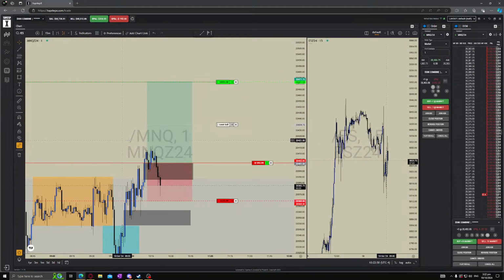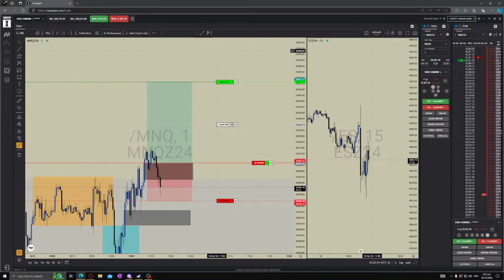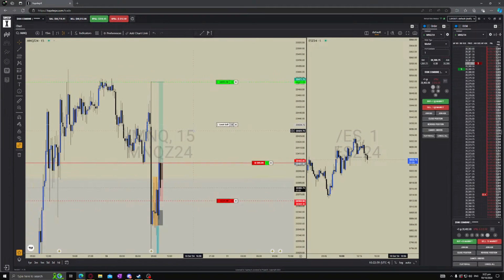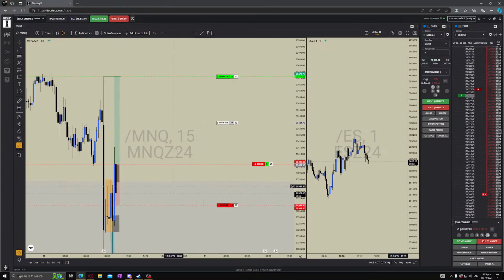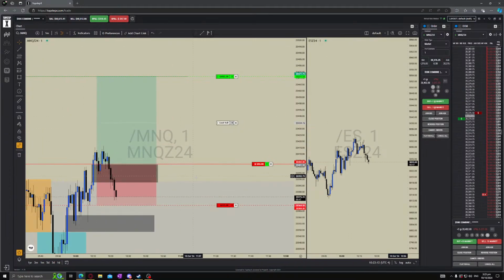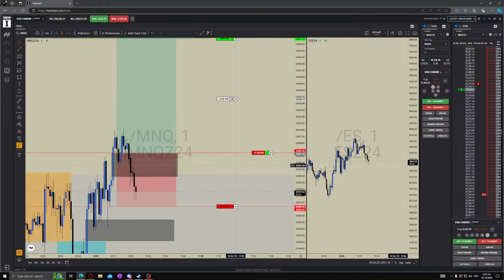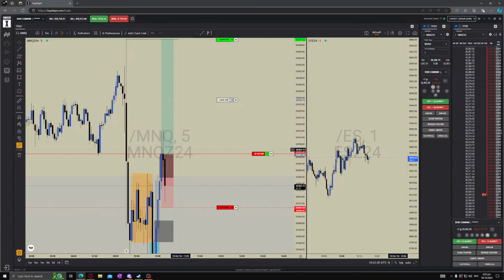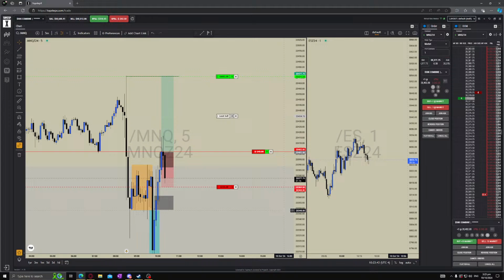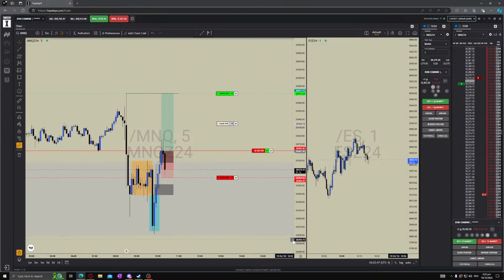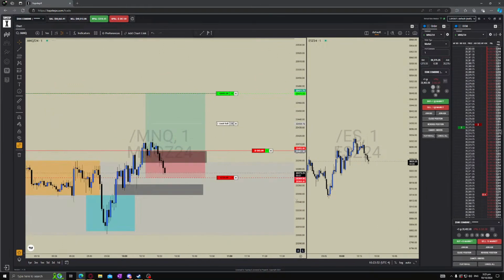Let's see our 15-minute again. Okay, we closed the gap. We might get stopped out and go back up. I wouldn't be surprised.